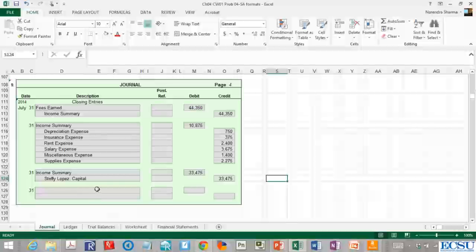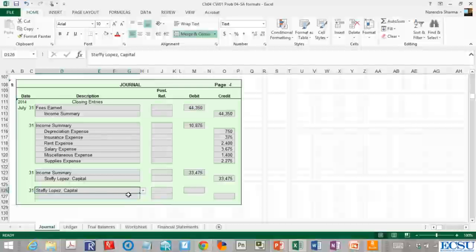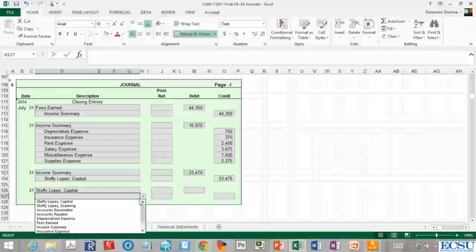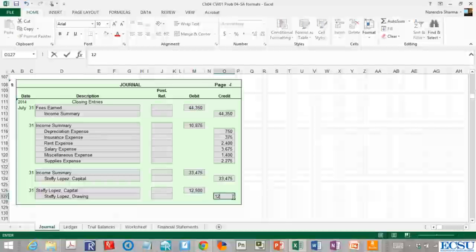The last one is the drawings account, which will be closed by transferring to the capital account, and that will be 12,500. All right, so that is how I'll do the closing entries.